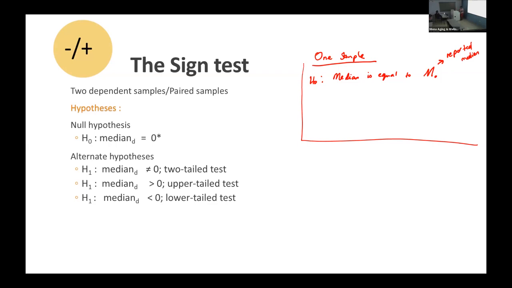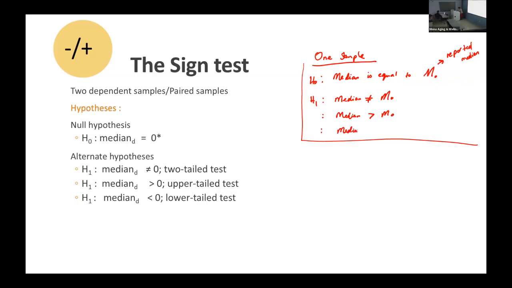And then the alternate, we still have 3 alternates. So if it's two-tailed, your median is not equal to the reported median. The next one, for upper tail, is that your median is greater than the reported median.